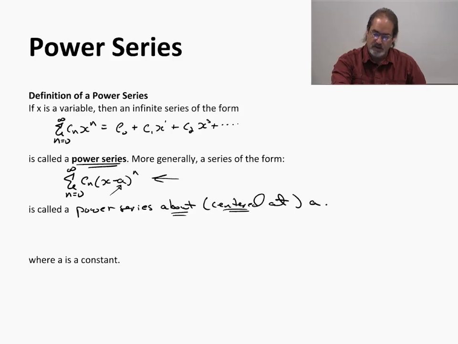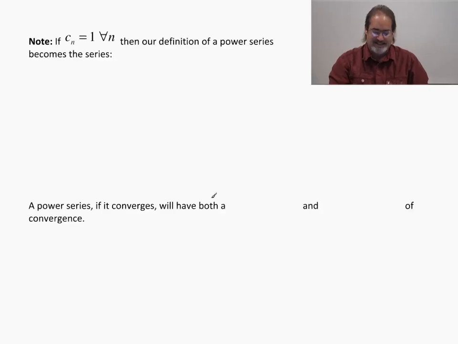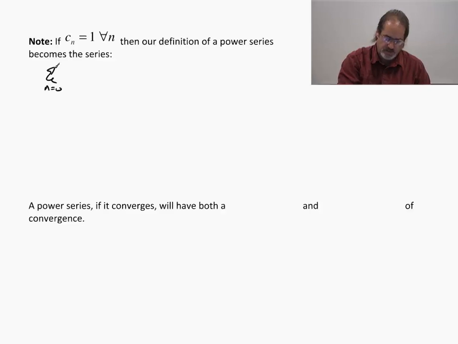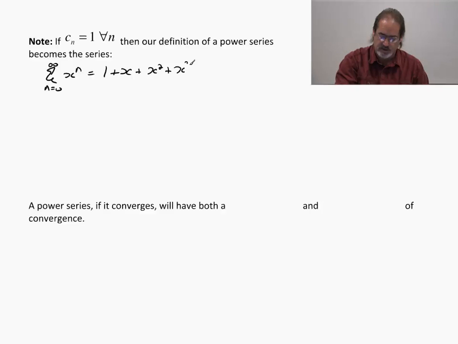Now, if we have a situation that Cn happens to equal 1 for all n, so all those constants out in front of x are actually 1, then the definition of power series simply becomes the sum, n equals 0 to infinity of x to the n, which would be 1 plus x plus x squared plus x cubed on out.